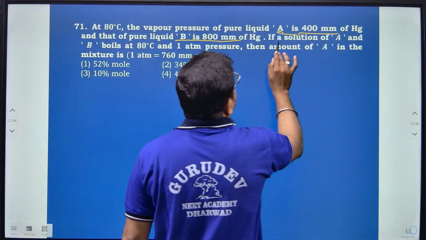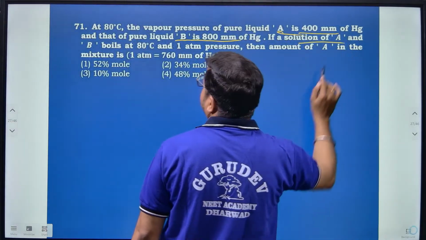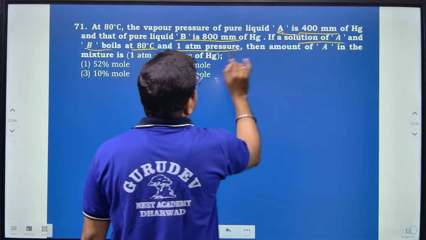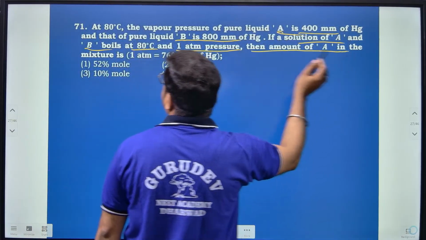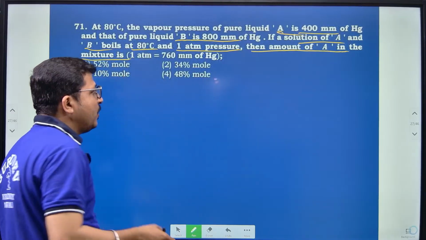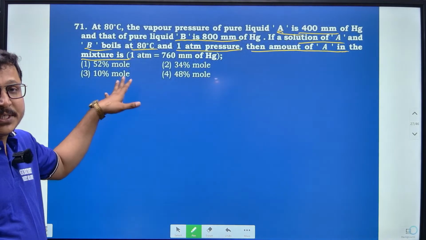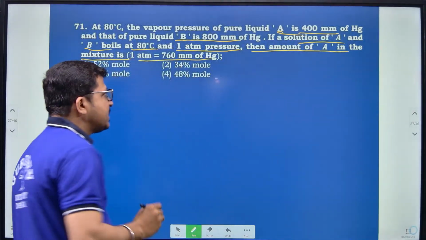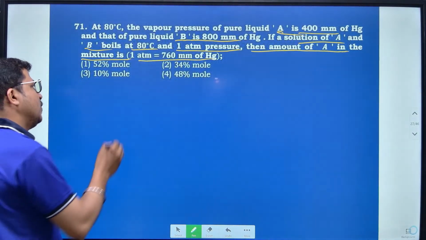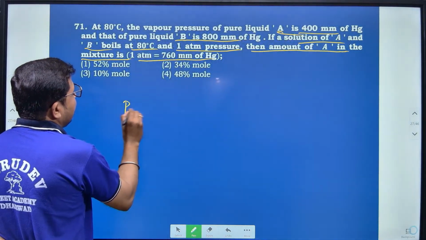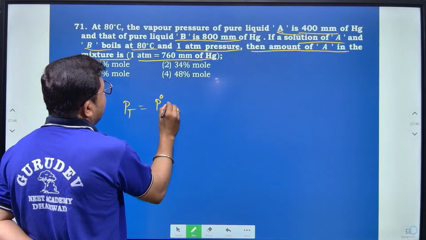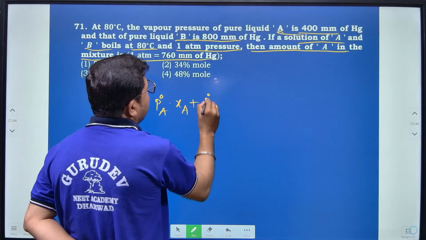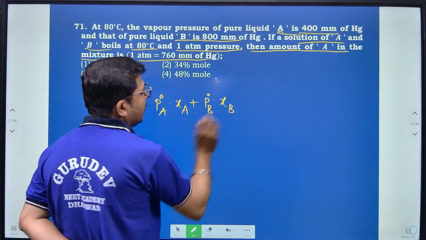If a solution of A and B boils at 80 degrees Celsius and 1 atm pressure, then the amount of A in the mixture is, we have to find out the mole fraction, right? 1 atm pressure is equal to 760 mm of Hg. So look at here, Pt is equal to P naught A into XA, we have to find out the XA, plus P naught B into XB.